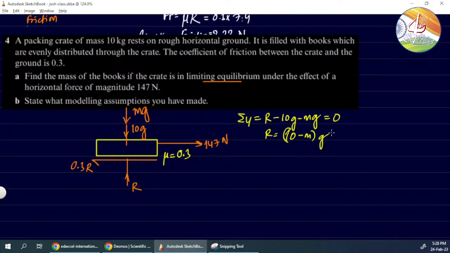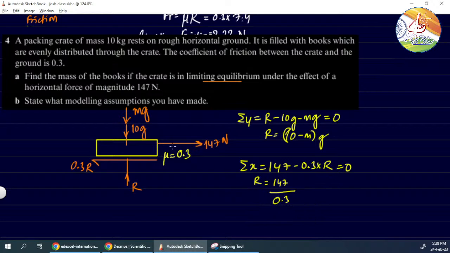So we found R. Then in sigma x, take all the horizontal components: 147 minus 0.3 times R. This total should be 0 again. So R equals 147 by 0.3.